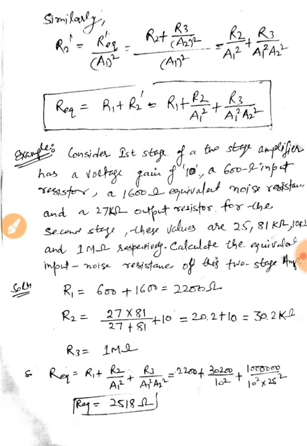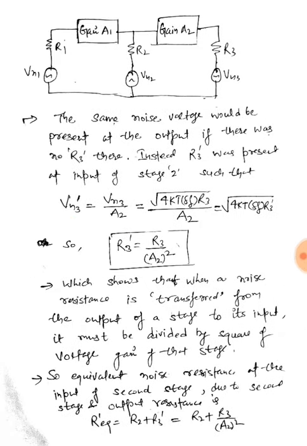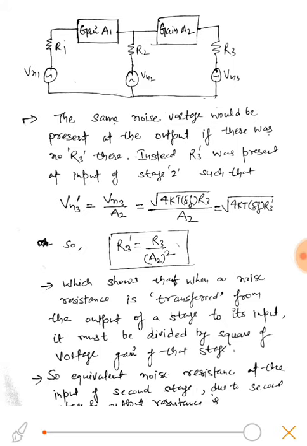Similarly, we can find out R2 dash, which is equivalent to R2, that will create the same noise voltage at the output as R2 is creating.